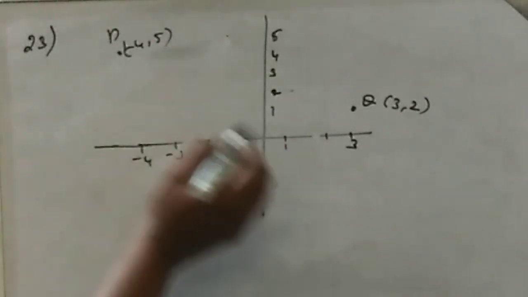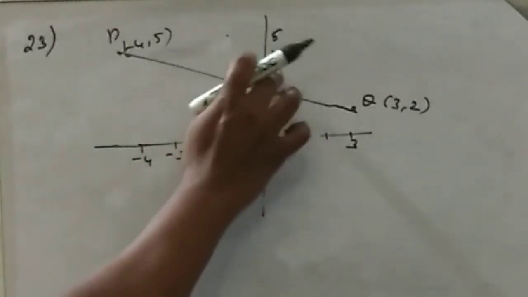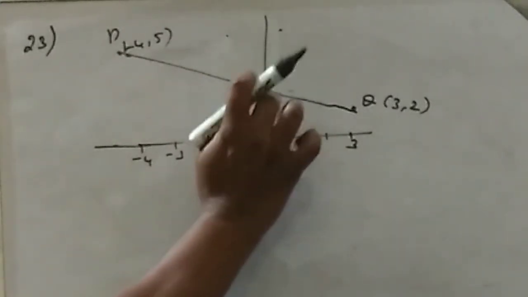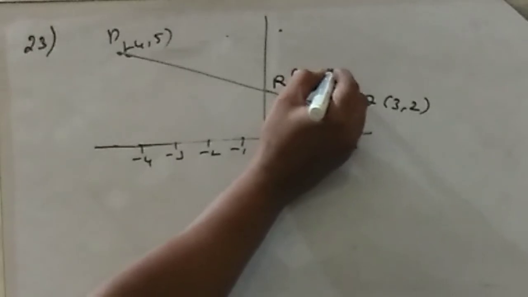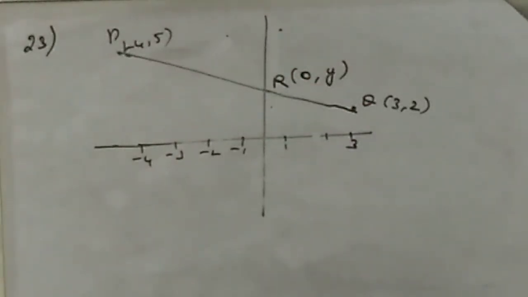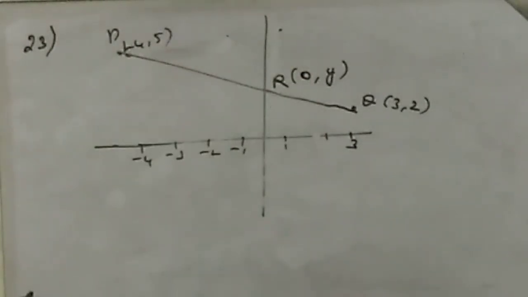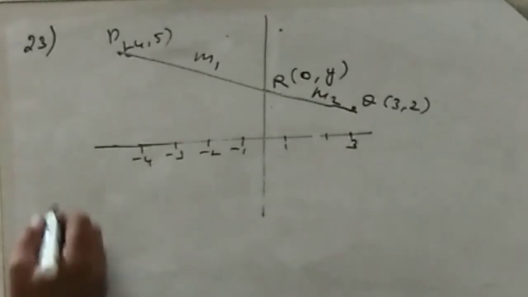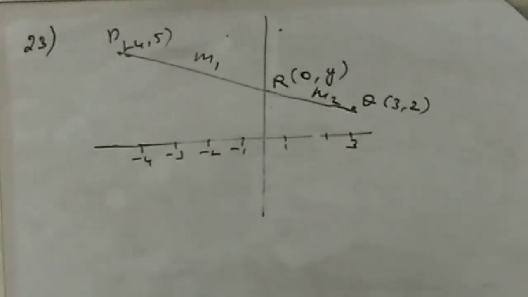And now see, it is intersecting at a point. So this is R, (0, y). Now we have to find out the coordinates of R. First we have to calculate the ratio M1:M2.